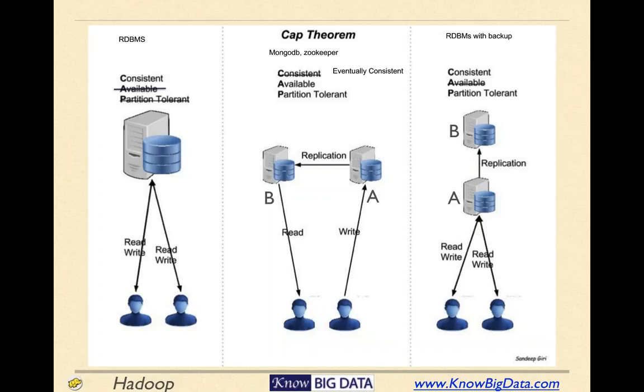Let's take a look at the first case scenario where you have this nice database, a very robust one. All the users are writing to it, and all the users are reading from the same machine and writing to the same machine. That means our usual database. A single machine, all the users are reading from it and writing to it.